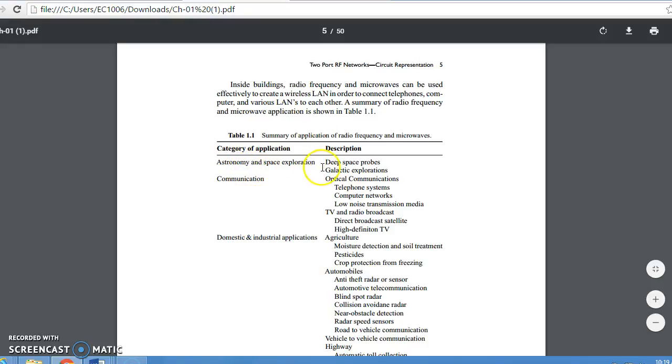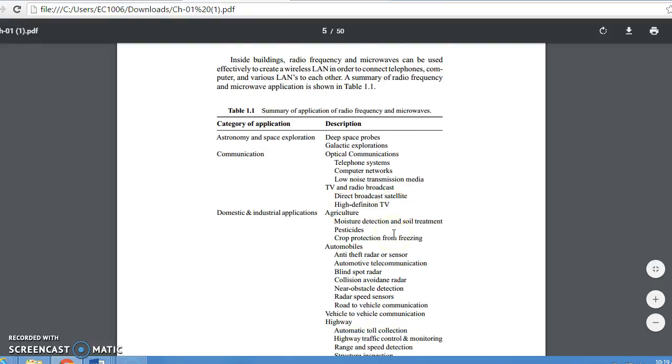In astronomy and space exploration, communication, optical communication, telephone system, computer network, low noise transmission, TV and radio, direct broadcast satellite, high definition TV.